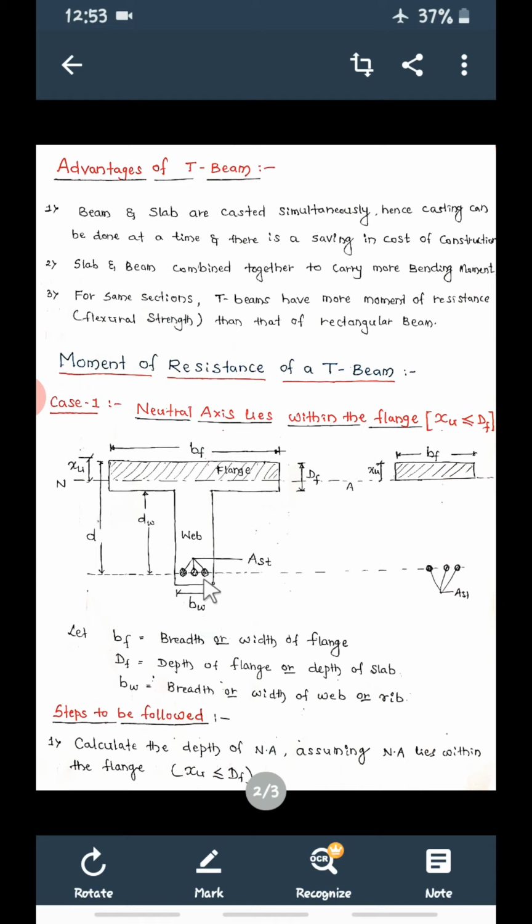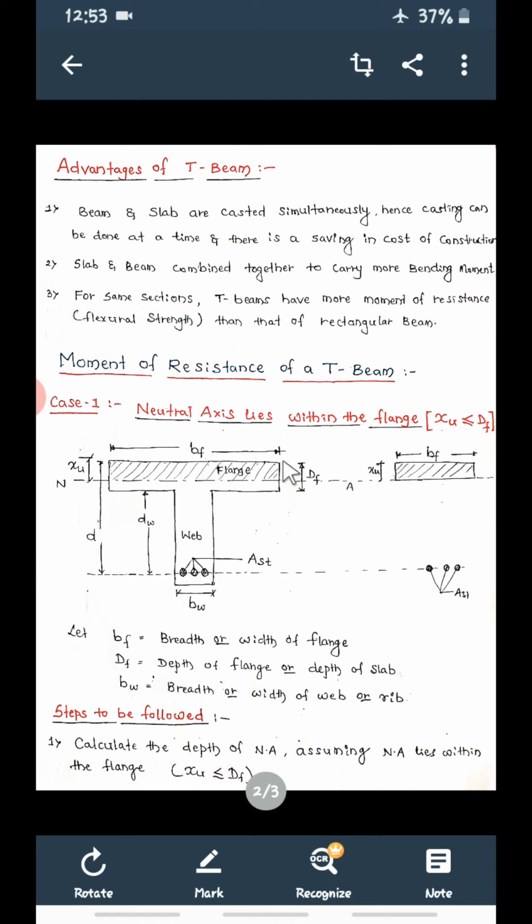And for this beam, Ast will be provided. Now from the top of the flange to the center of reinforcement, it is the effective depth of the T beam, that is small d. And this portion, what you are seeing, is DW, that is depth of web. So from here to the center of reinforcement, this is the depth of web.